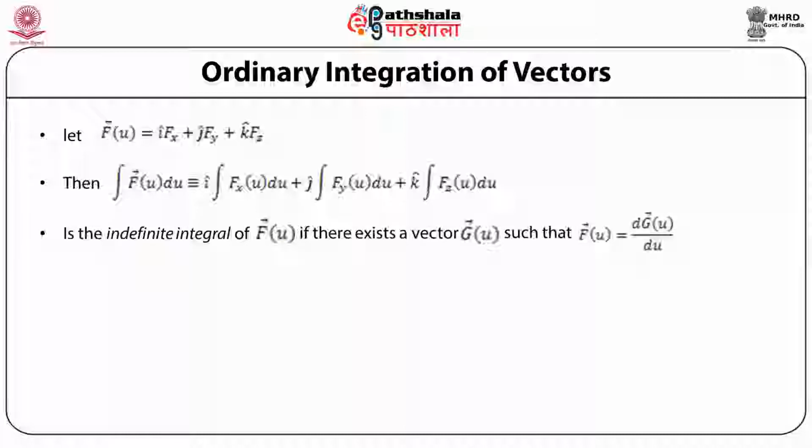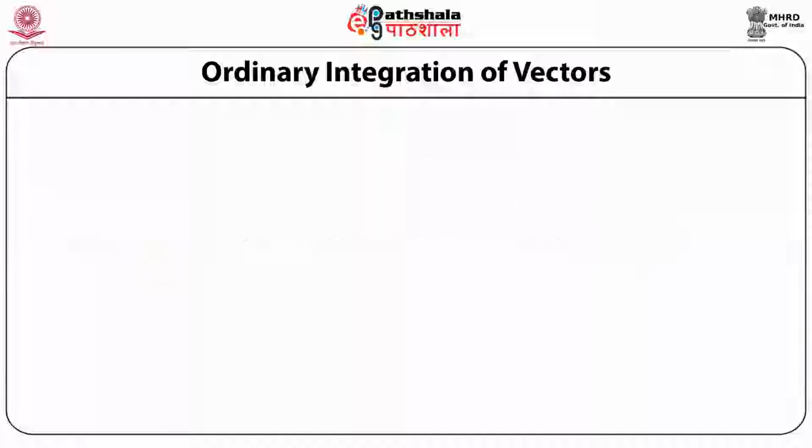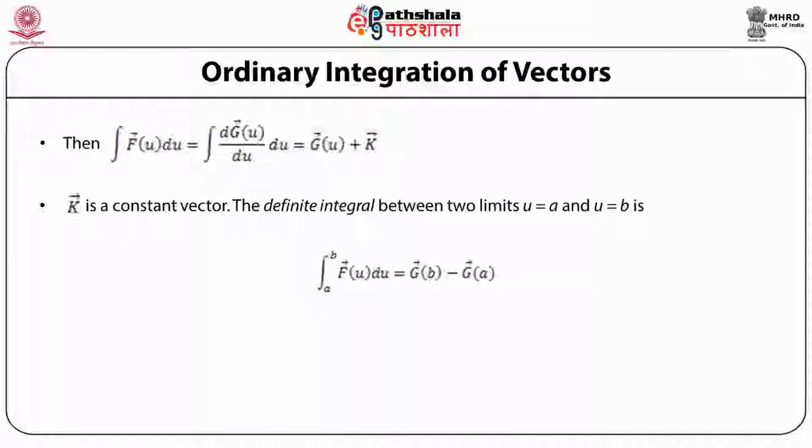If there exists a vector g(u) such that f(u) equals dg(u) divided by du, then integral f(u) du is equal to integral of dg(u)/du into du, equals g(u) plus k, where k is a constant vector. The definite integral between limits u equals a and u equals b is integral from a to b f(u) du equals g(b) minus g(a).